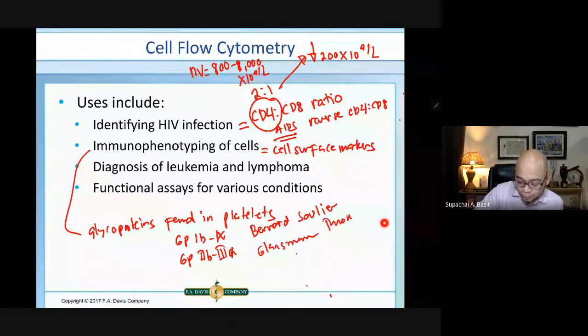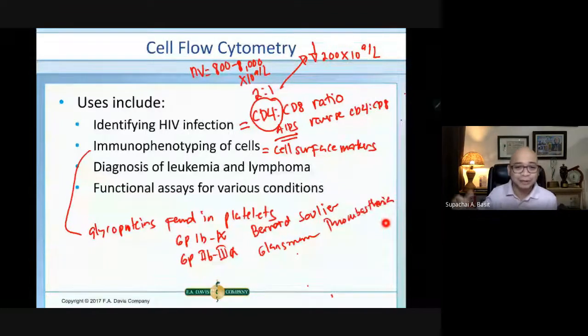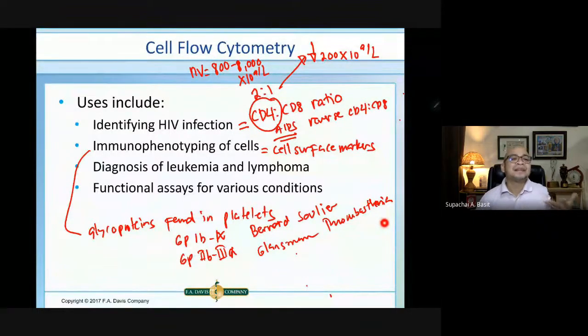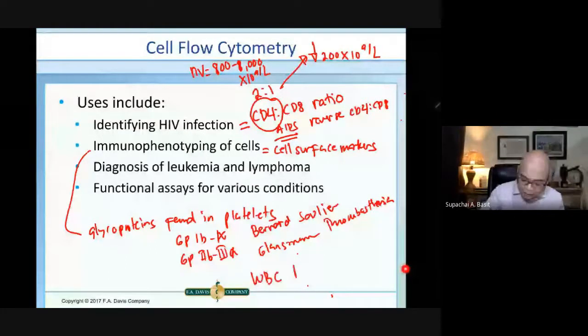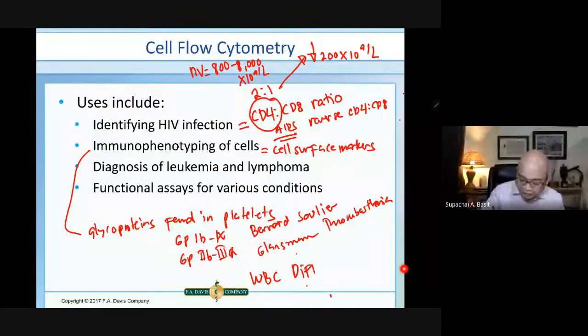I hope you are familiar with this in hematology too. These are the things that you're supposed to be discussing in hematology. So various assays and various clinical conditions can be identified. And perhaps one of the most common purposes of flow cytometry would be for the WBC differential count.